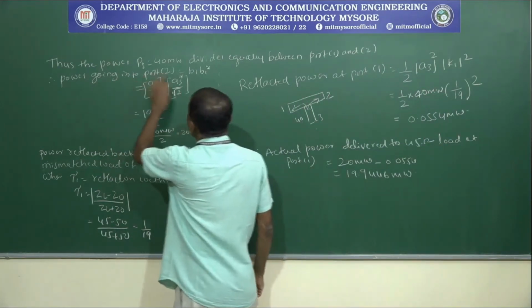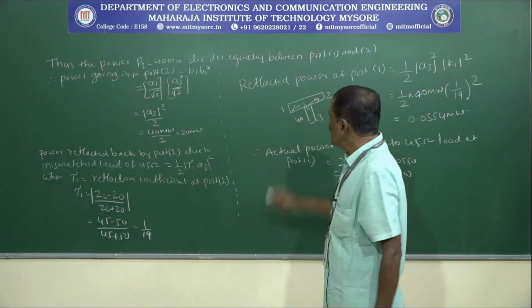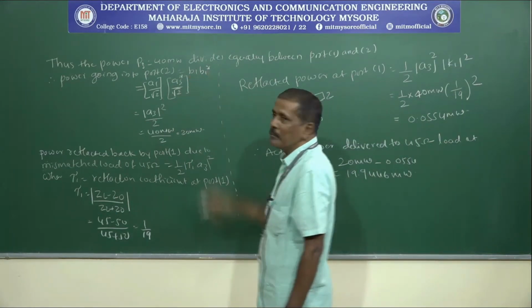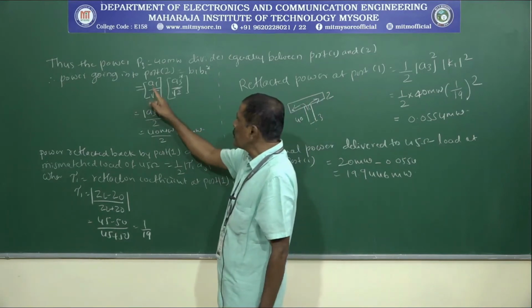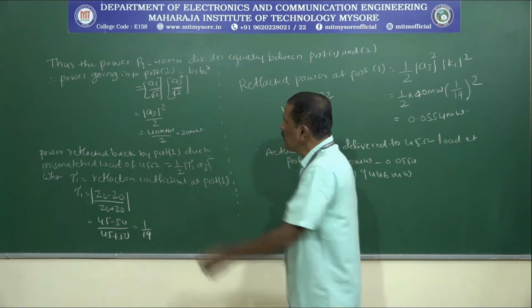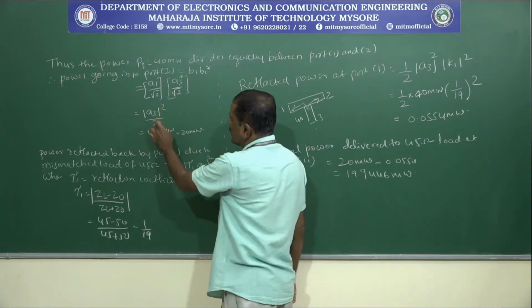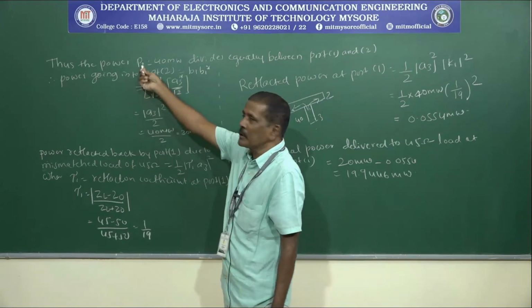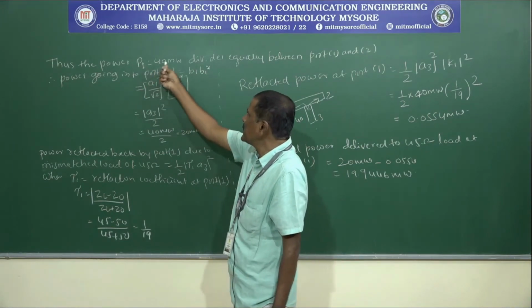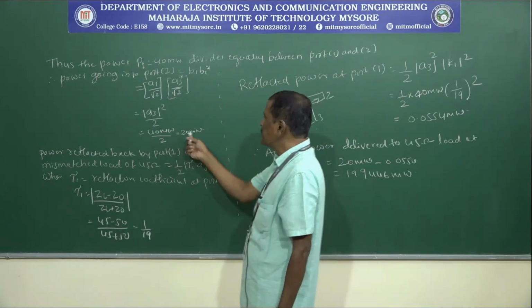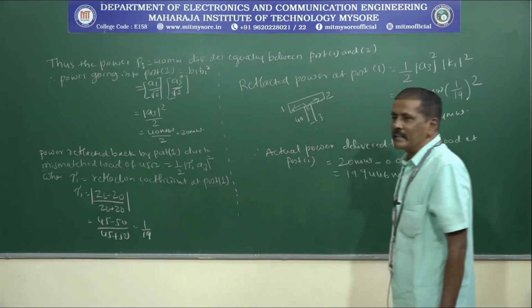Therefore the power going into port 2 will be equal to B1 into B1 star, where B1 is A3 divided by root 2 and B1 star is A3 divided by root 2. So this is A3 square divided by 2, and A3 square is itself P3. With P3 equal to 40 milliwatts, 40 milliwatts divided by 2 is equal to 20 milliwatts.